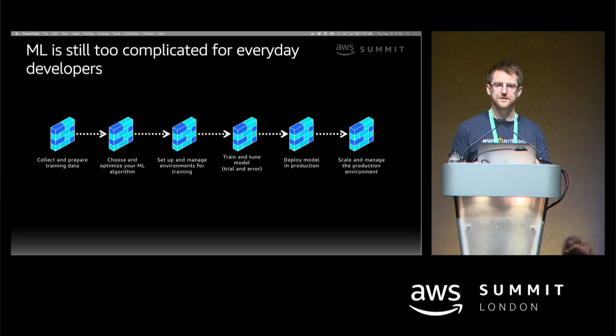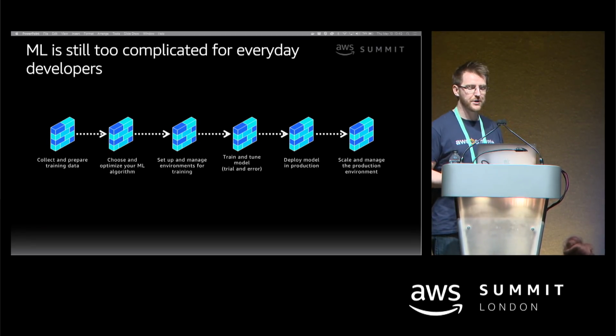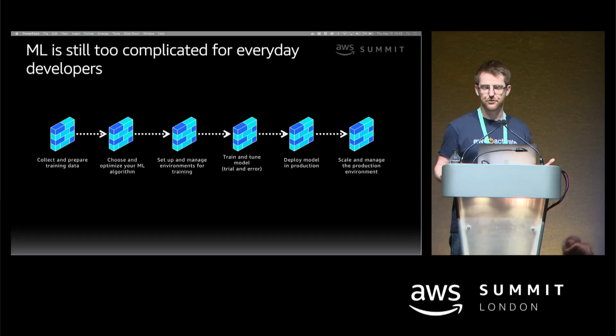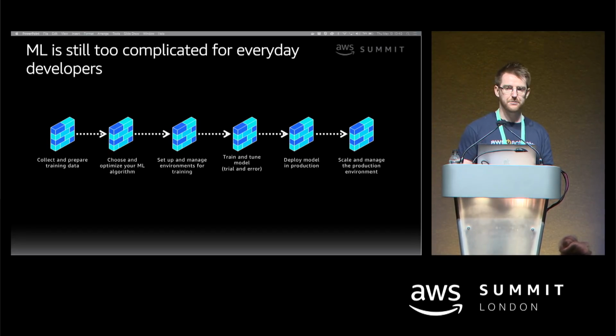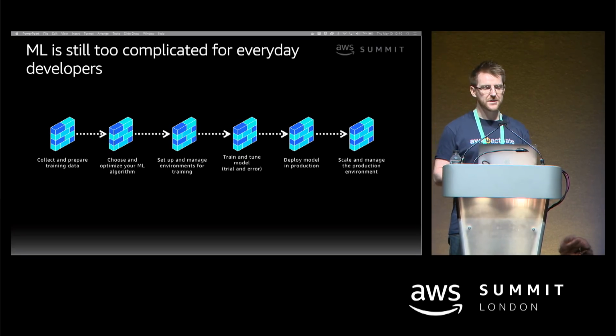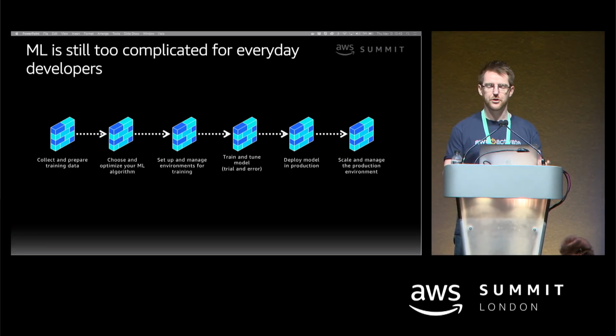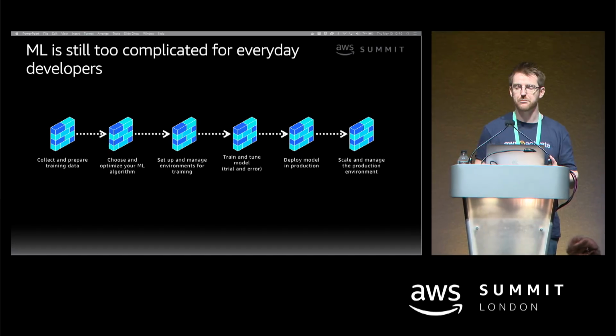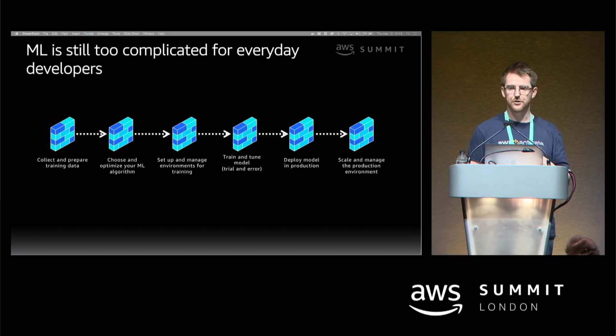You then might have to set up and manage your environment. So if you're doing a distributed training environment, you've got to spin up a bunch of instances to actually do that and make sure they're communicating. And then do things like training and tuning the model, and this can sometimes be an art. Some people at this point refer to it as not machine learning, but magic learning, because it's almost taking a bit of a trial and error approach to come up with the best parameters to actually train your model.